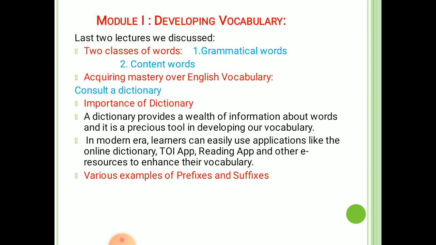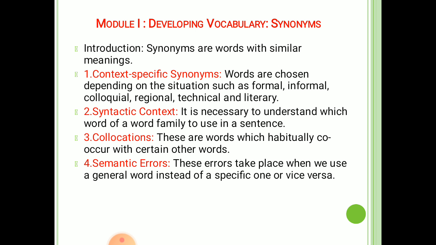In the modern era, learners can easily use applications like the online dictionary, TOI app, reading app and other e-resources to enhance their vocabulary. In the last lectures, we also saw various examples of prefixes and suffixes.